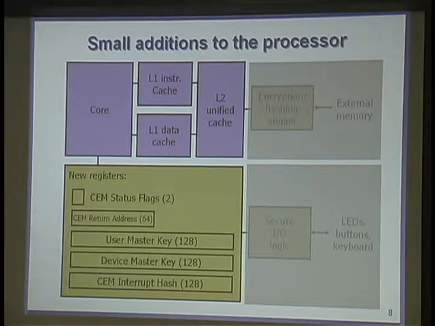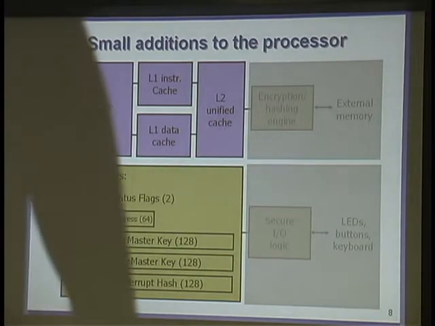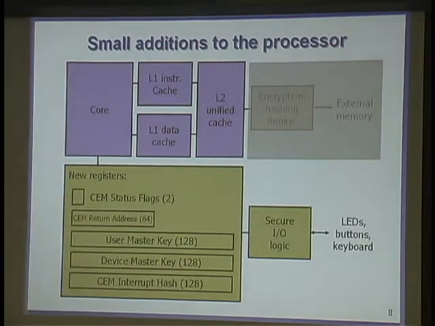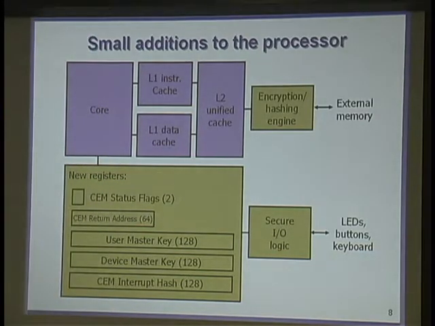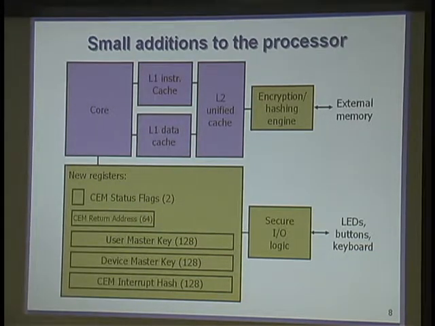Just 4 registers, the largest of the registers being 128 bits. Now, we all know that's not very much hardware. In addition, we're going to add some secure I/O logic, and we are going to add an encryption and hashing engine for things going out and coming into the chip, okay?